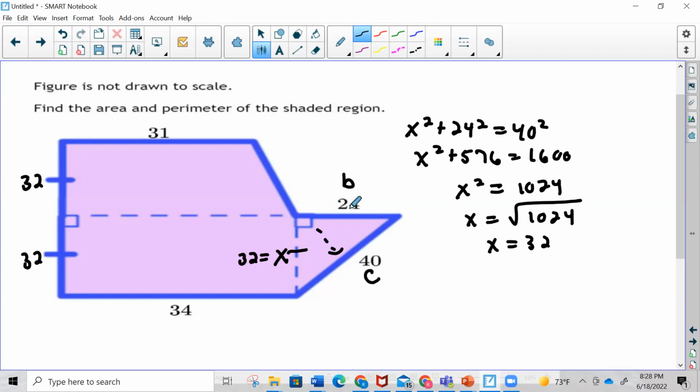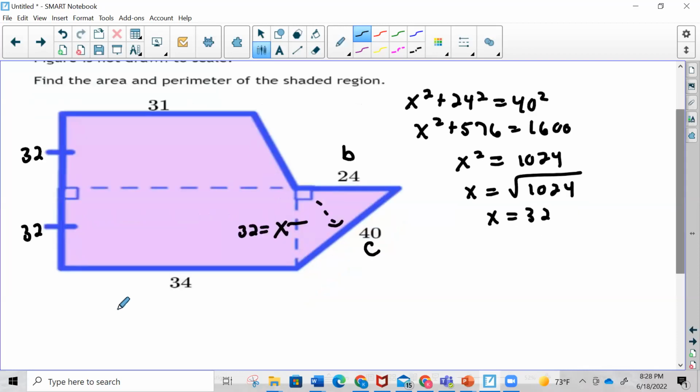And then if we want to start with perimeter, remember the perimeter is the distance around. So we add all the sides, but we have an issue because if I go around, I'm missing this side, and so I need to find that. Whenever I want to find a diagonal side, we use the Pythagorean theorem. So we know this is 32.